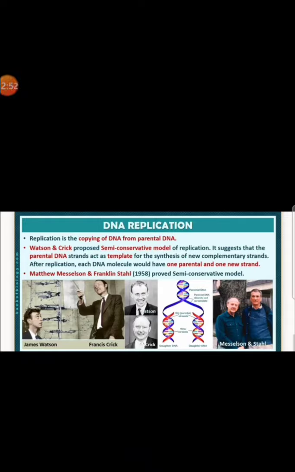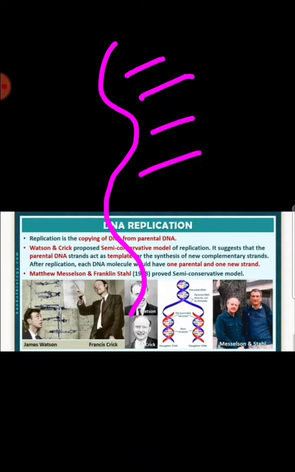That we'll see. Okay, and that suggests that the parental DNA strand acts as a template, in the sense it acts as a constant template by which the other strand will be synthesized. So for the synthesis of the new complementary strand, after replication the DNA molecule would have one parental strand and one new strand.